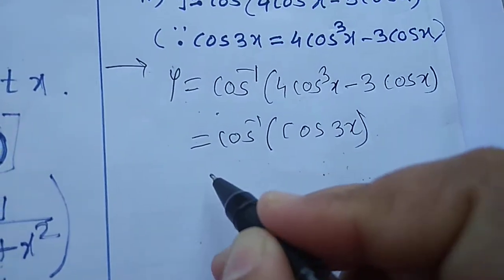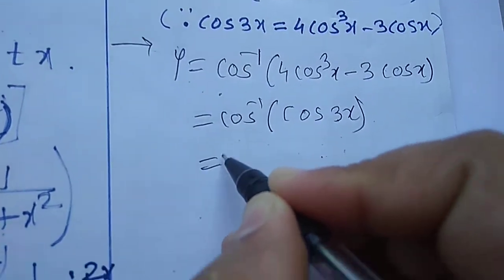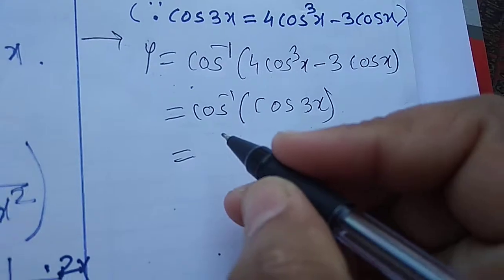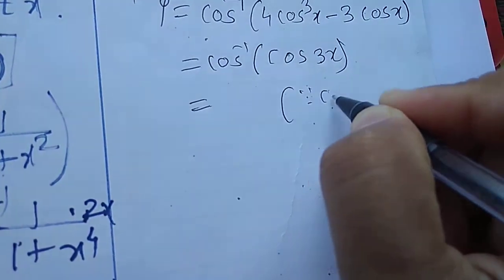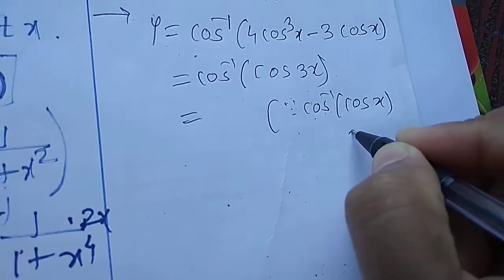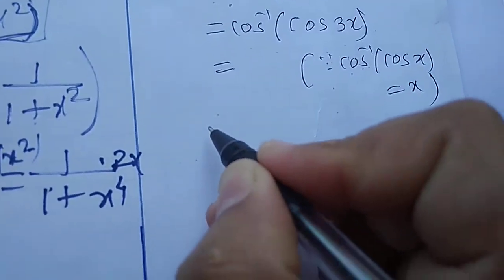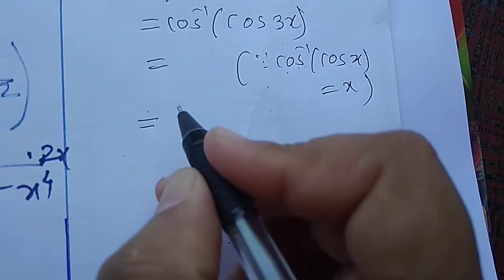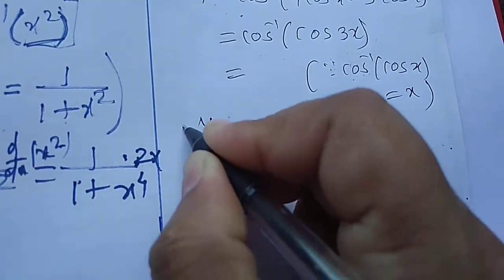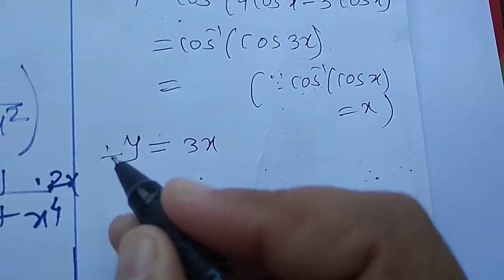But we know that by the inverse trigonometric function, cos inverse of cos theta means theta. Therefore, cos inverse of cos 3x, that is 3x. Therefore y is equal to 3x.